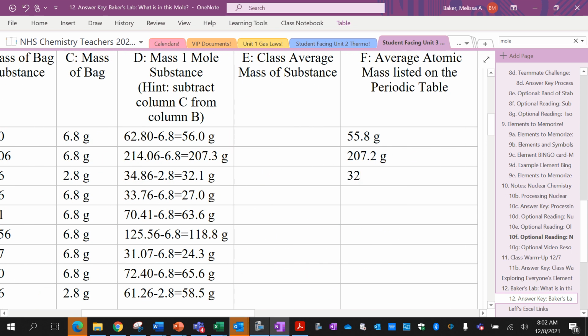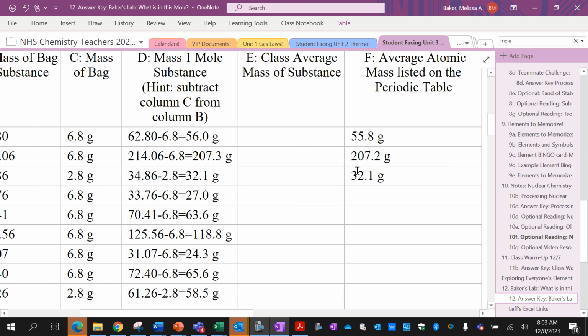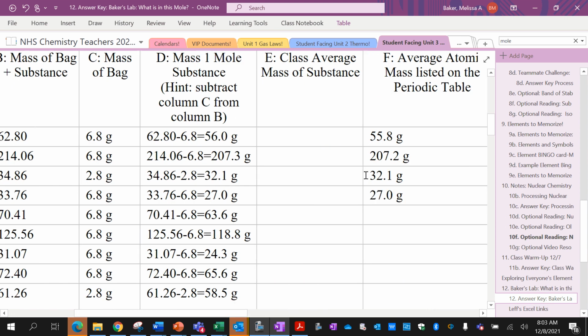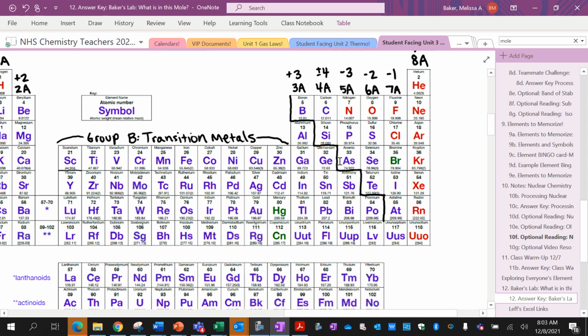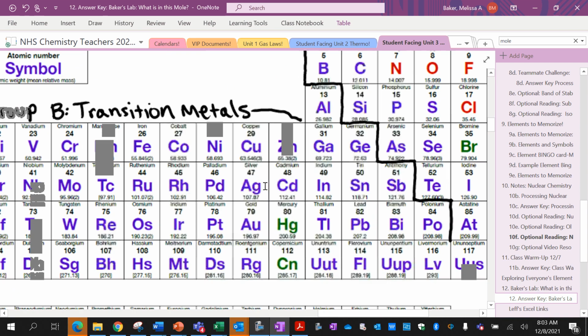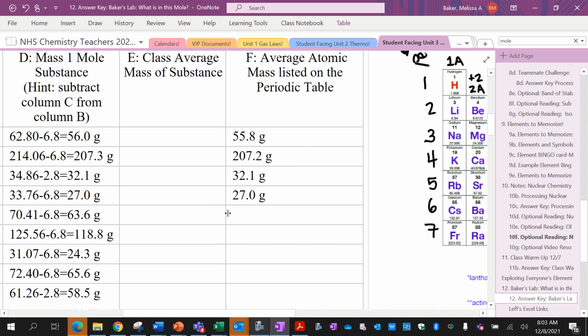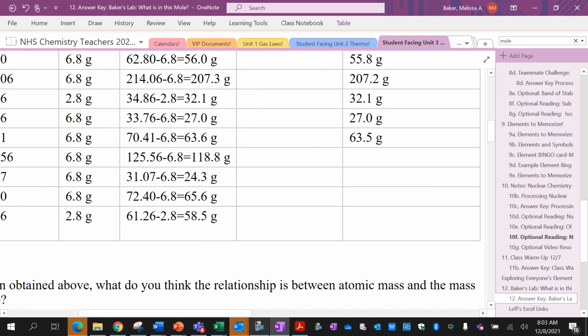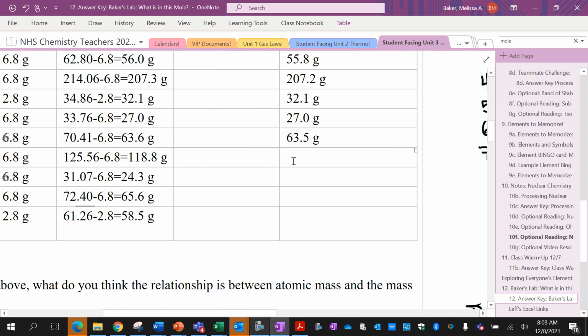Sulfur, aluminum, I'm sure it's 26.98. So this would round to 27.0. Copper, 63.5. Tin, 118.7.